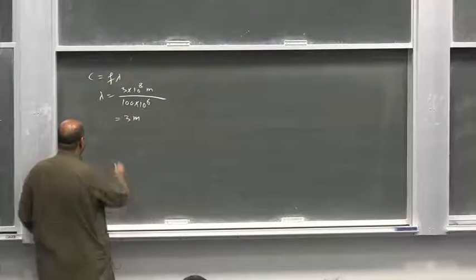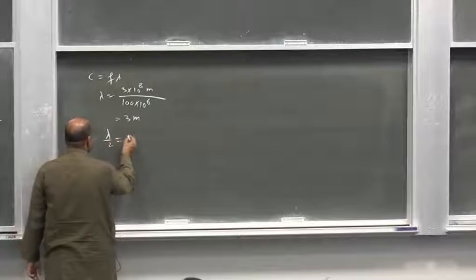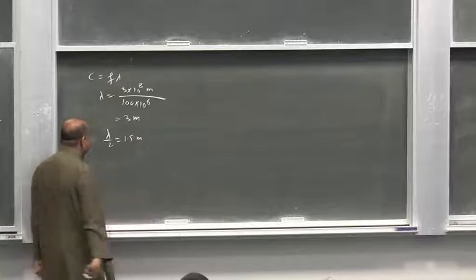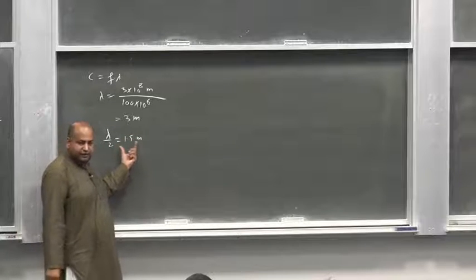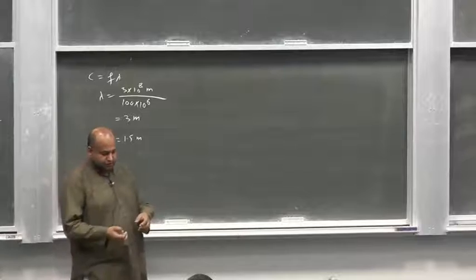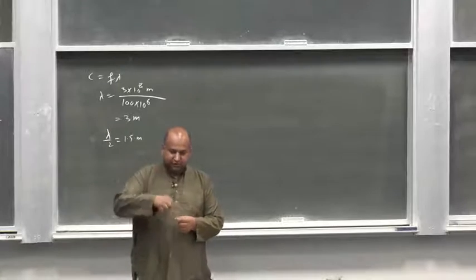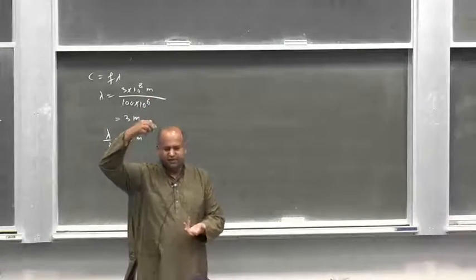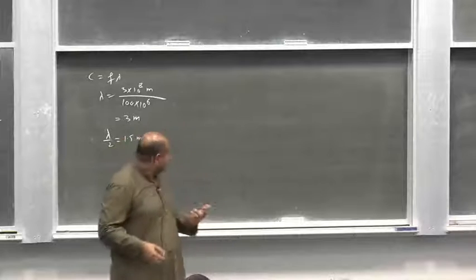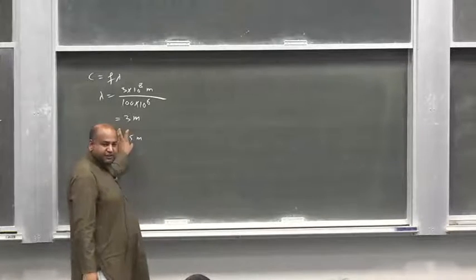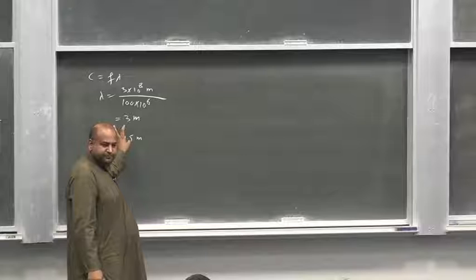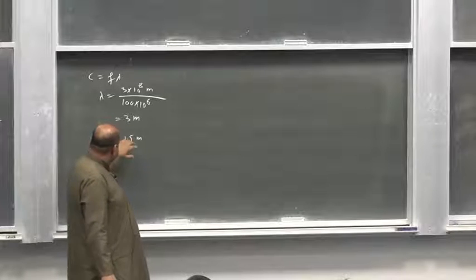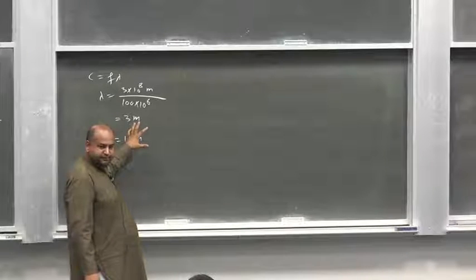So half wave would be 1.5 meters. You need a pretty small antenna. Most radios have an antenna that can stretch, of the order of meters. If it is smaller than this, the efficiency would reduce, but it would still work. So this gives you a ballpark number.